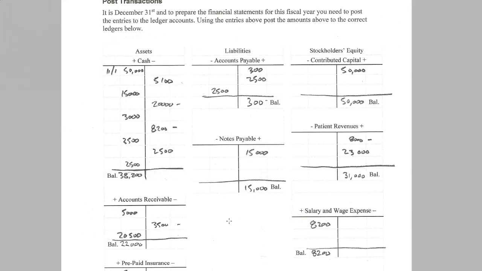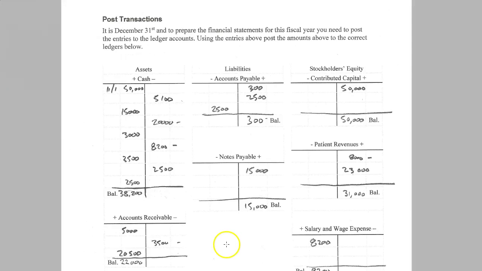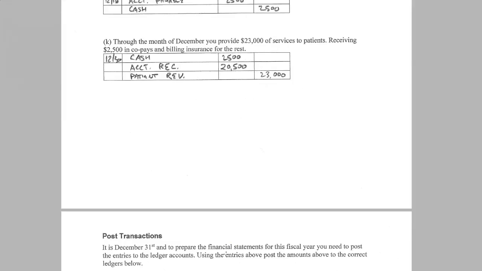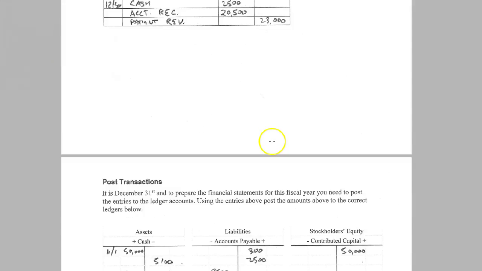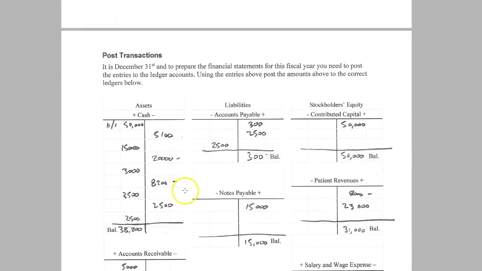So here, the intent is you basically take all that stuff that you did in these transactions, and you don't think. You just record them on the debit or the credit side, and then you'll net them out in the end. But that's all I did. So that's really what the intent was here.